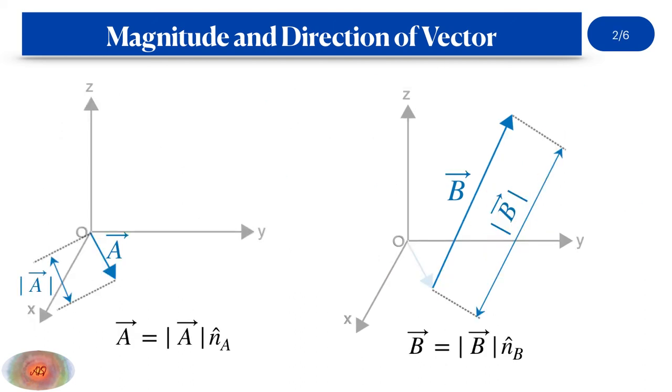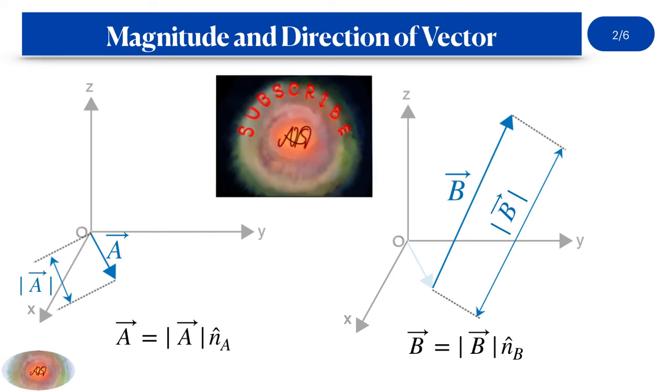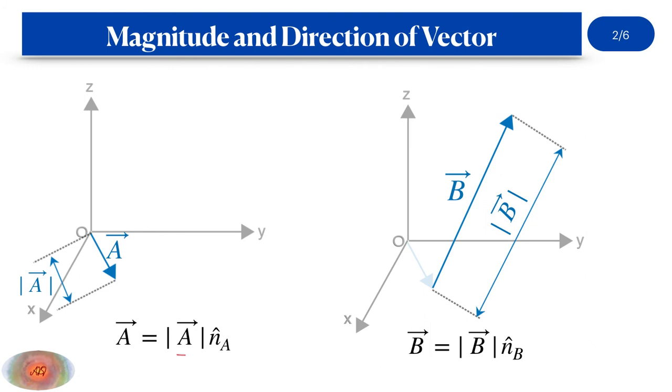As you can see from these two diagrams, the vector a is represented by both its magnitude and its unit vector. This unit vector represents the direction along the vector itself, whereas the magnitude represents the length of this vector, as you can see over here. And similarly it is for b.